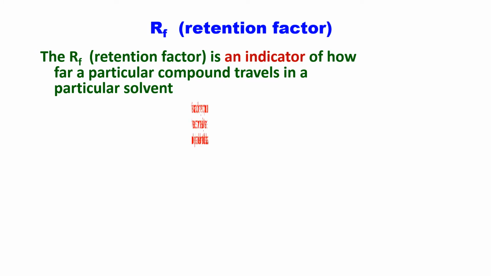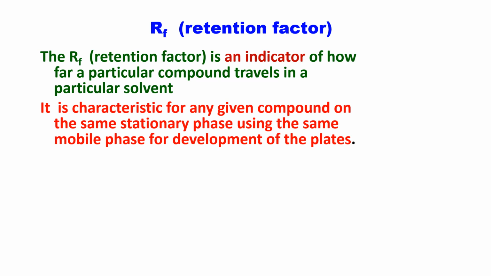We should know that it is a characteristic feature of every particular compound. So whenever we develop a chromatographic plate of a particular compound using the same solvent and same stationary phase, the same retention factor will be achieved. So it's like a signature of that particular component.